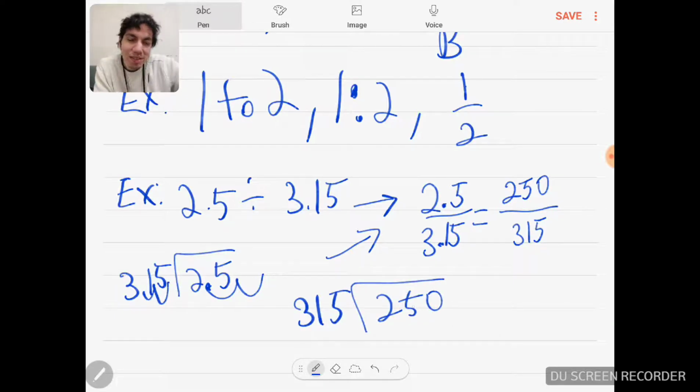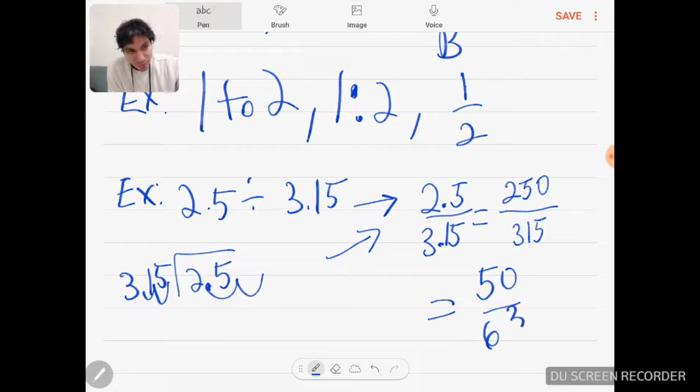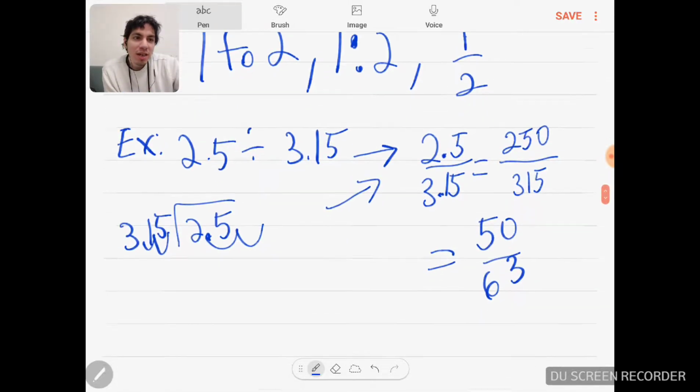Now when you divide this, we're not really going to divide this. We're just going to reduce this because it doesn't divide perfectly. You should get 50 over 63 as your answer. How did I do that?